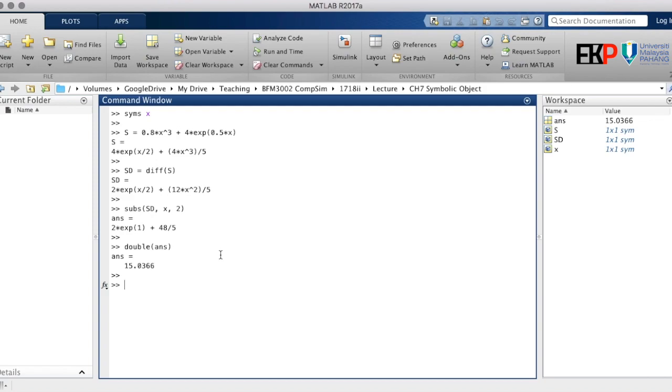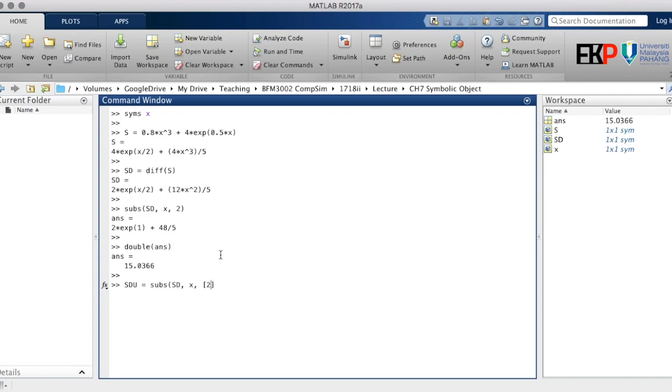We can also substitute a range of values. Let's say, for example, we give a name sdu, equal to subs of sd. We want to substitute the variable x. Now instead of giving just one value, we want to give a range of values. So we define a vector within square brackets.